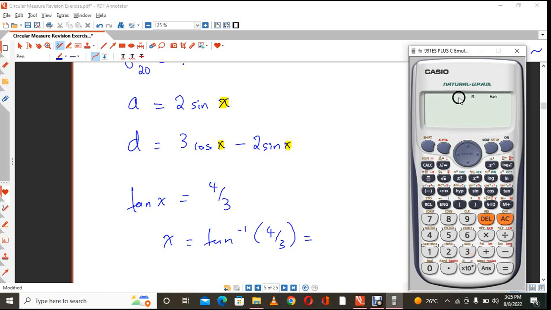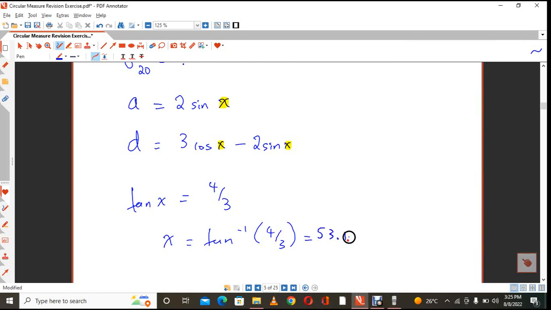Good, all good to go, nothing in the memory. My calculator is in degree mode. So shift, inverse tangent of 4 upon 3. Then you can close the bracket and hit equals to get 53.13. So this is 53.13 degrees, give or take.